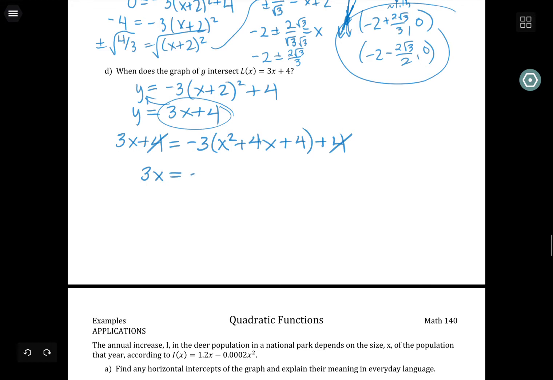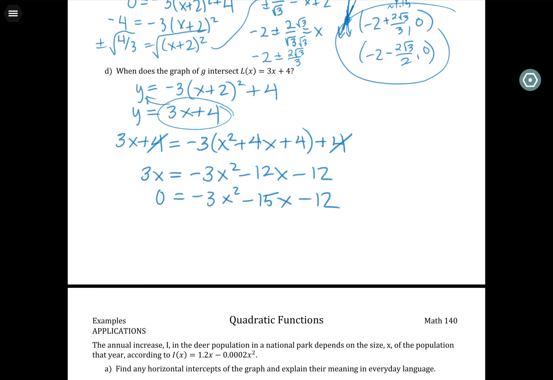So I get 3x equals -3x squared minus 3 times 4 is 12x minus 12. And then I can subtract 3x, and I get -15x. Okay, so I set it equal to 0. I'd love to factor. I do notice that I have a common factor of -3.